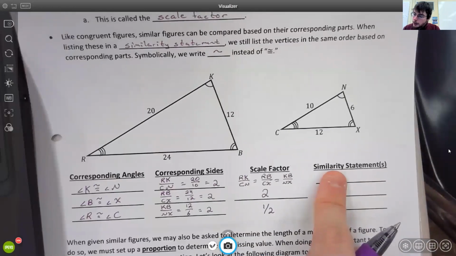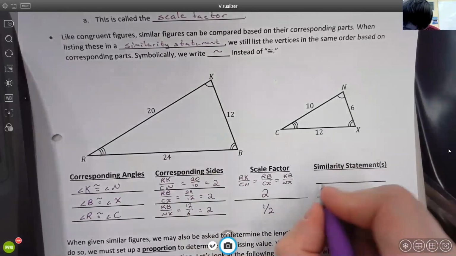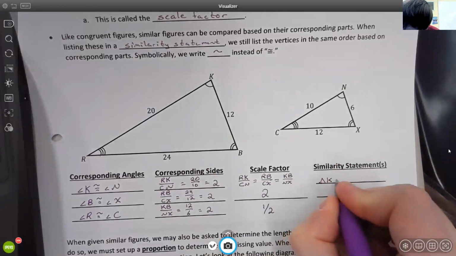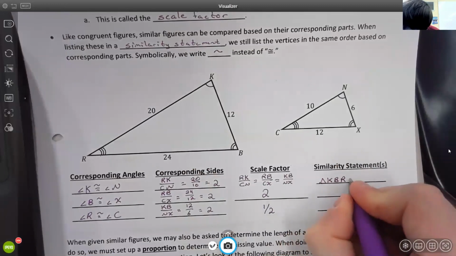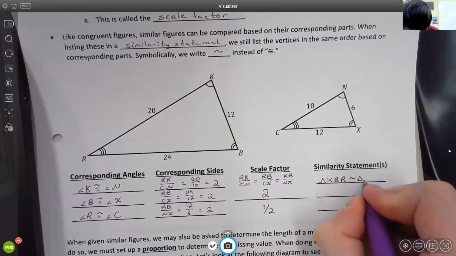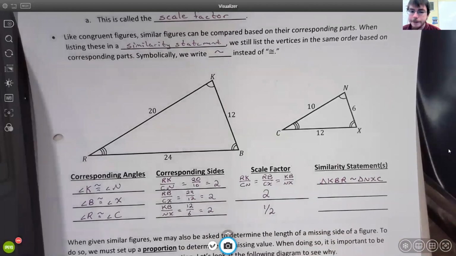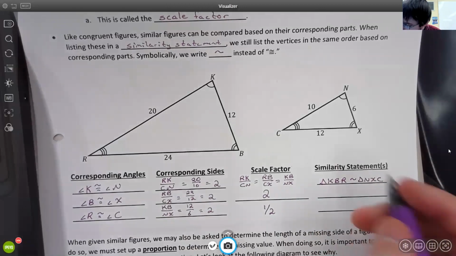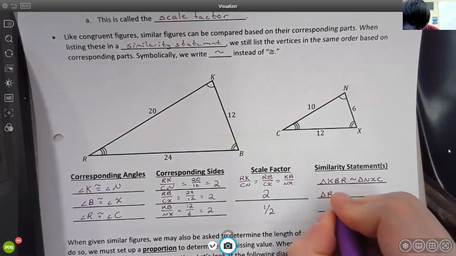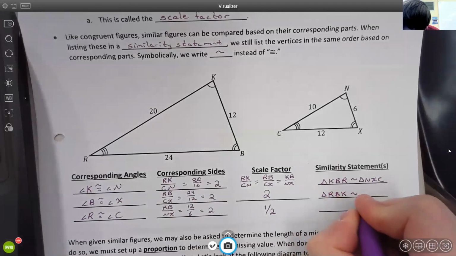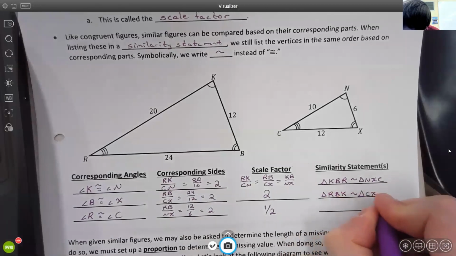So, similarity statements, we might write triangle KBR is similar to triangle NXC. We may write triangle RBK is similar to triangle CXN.